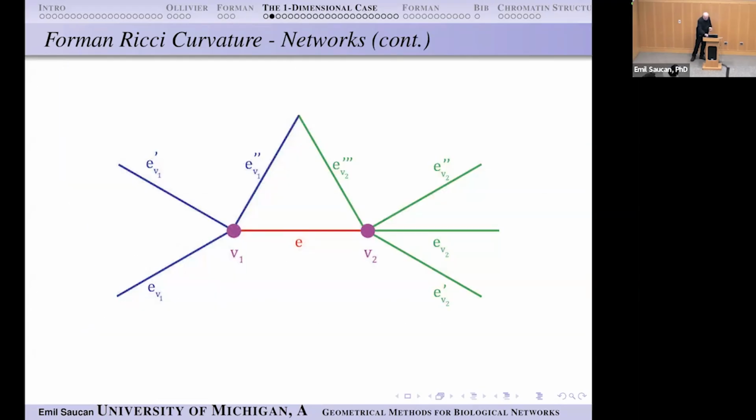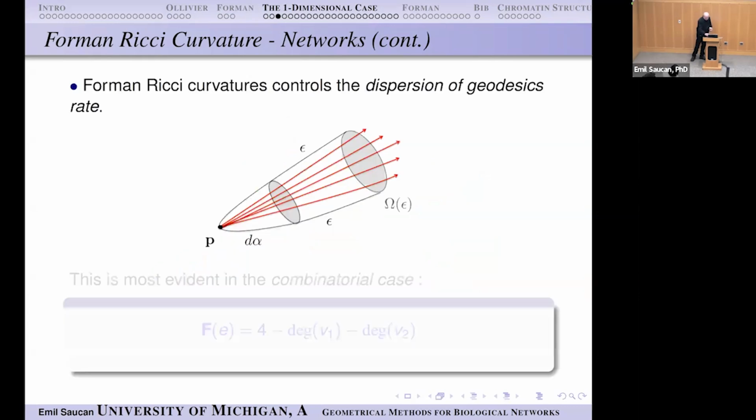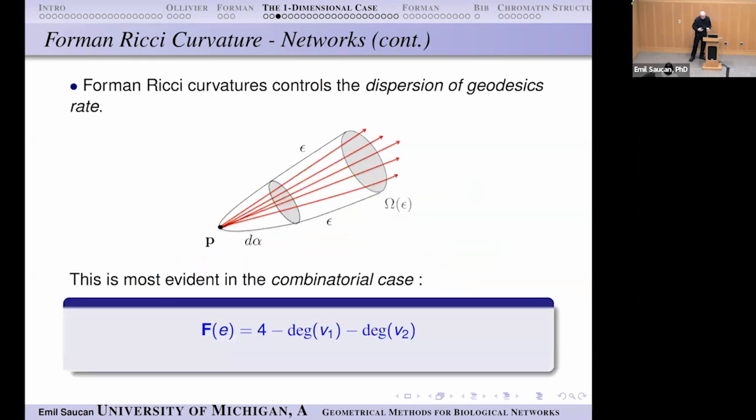It can be a little bit more complicated, but locally it looks like this. So again, this one captures the dispersion of geodesics. Why? Because if you take combinatorial weights, just counting weights, one for each edge, one for each node, you get this thing. So basically you see the sum of the degrees, how many edges come in, how many edges go out.